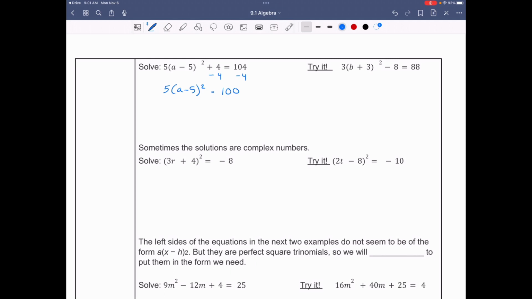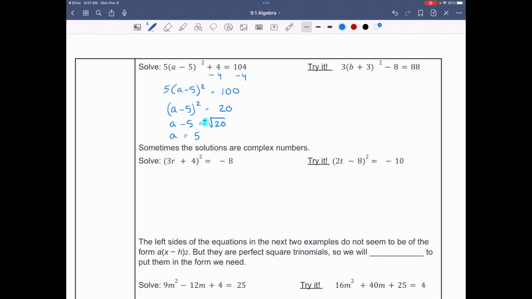Then I'll divide by 5 on each side. And then I'll take the square root on each side. When I do that, I have to remember that it's plus or minus.